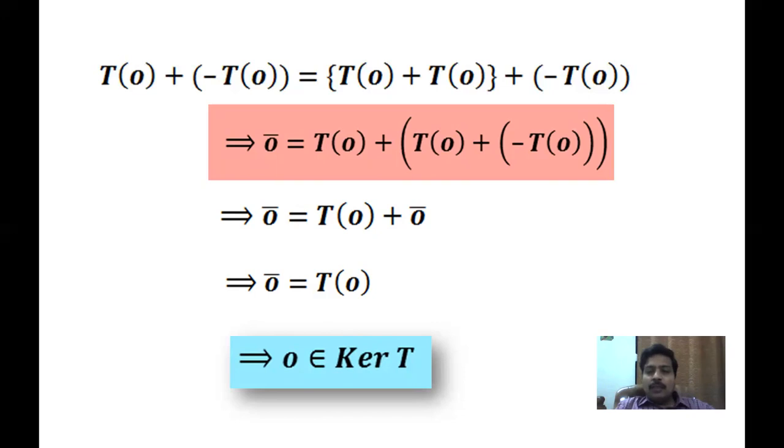Here O is also mapped to O bar. That's why O is in kernel T. So I am going to prove kernel T is a subspace of V. For that I have to prove three properties. First one is the zero vector must be in kernel T. That is just proved now. The remaining two things are that kernel T is closed under vector addition and it is closed under scalar multiplication.